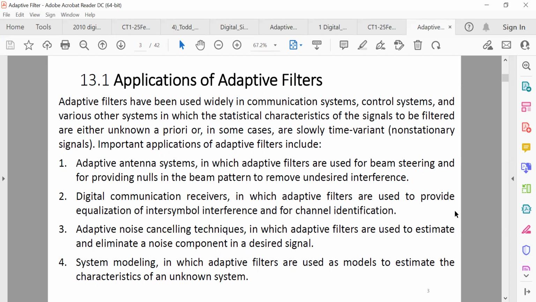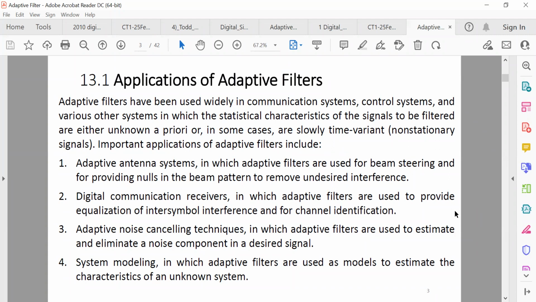have different parameters that may be adjusted or need to be adjusted. Certain mechanisms exist, and one approach is adaptive filters, used for beam steering, for providing nulls in the beam pattern, and also to remove undesired interference or noise.